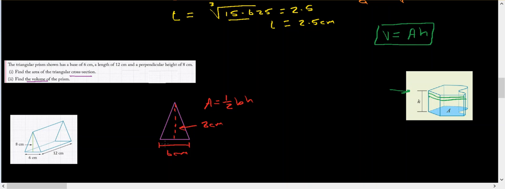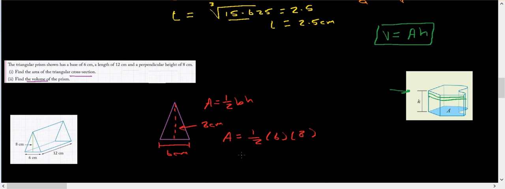So what we can do is use this to get the area of the cross section of the triangle. So therefore the area is going to be equal to a half of the base, which is 6, multiplied by the height, which in this case is 8.